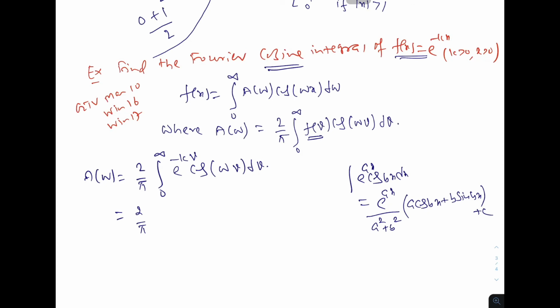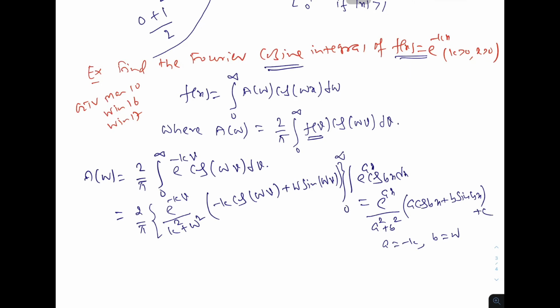So this is equal to e^(-kv) over, now a is minus k and b is omega, so k square plus omega square, times (minus k cos(omega v) plus omega sin(omega v)), from 0 to infinity.